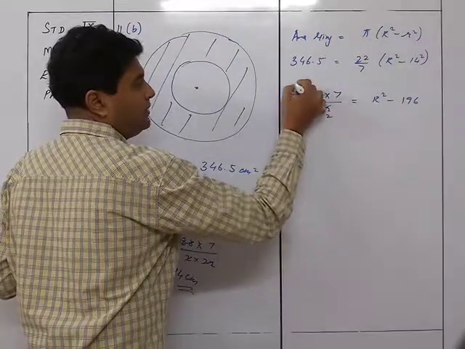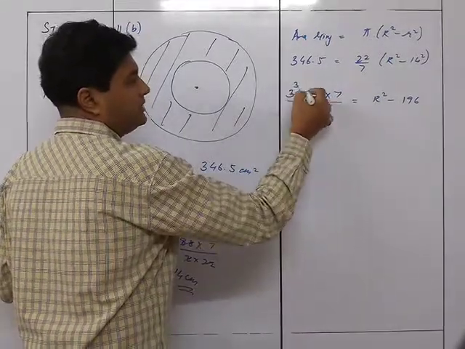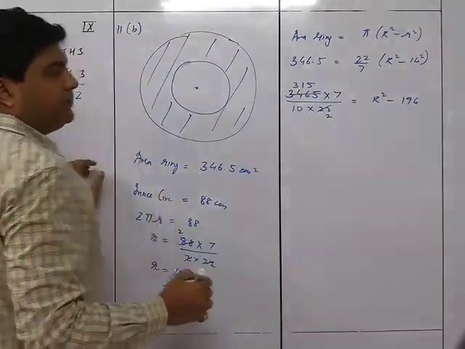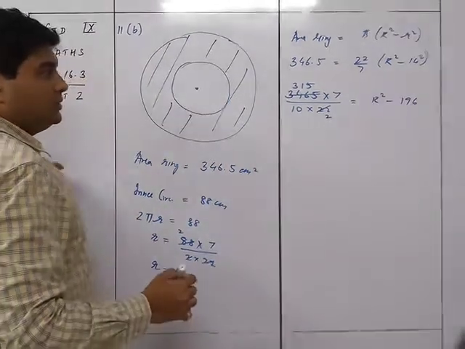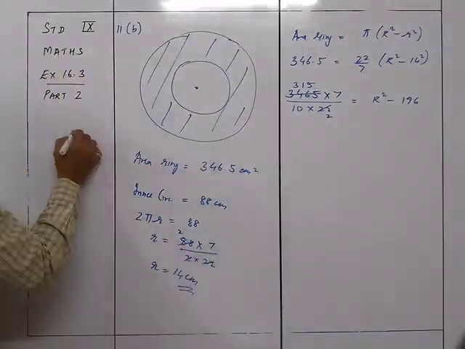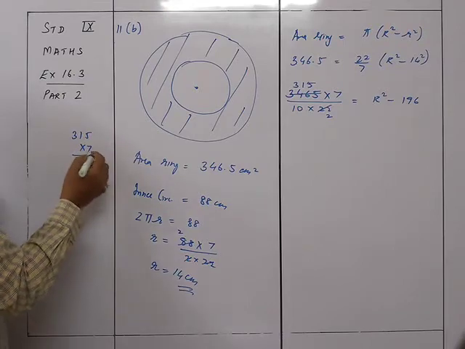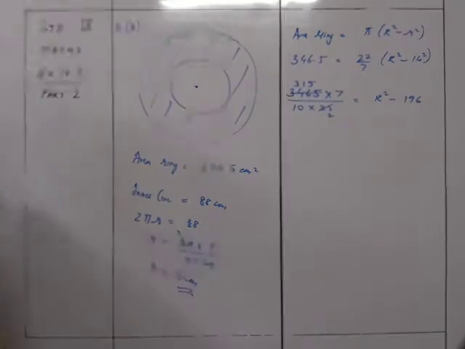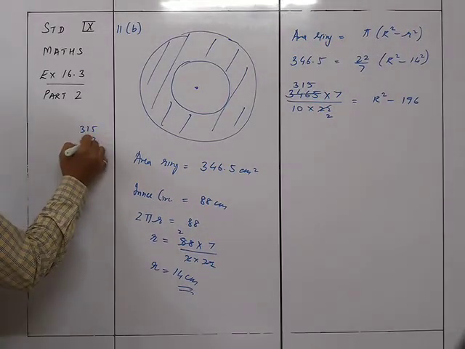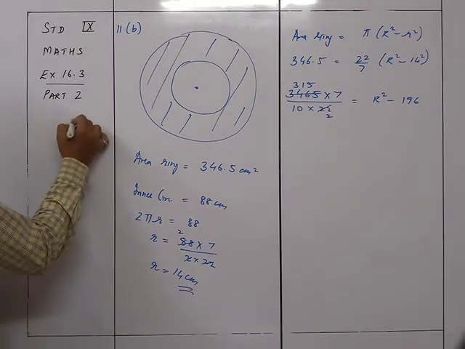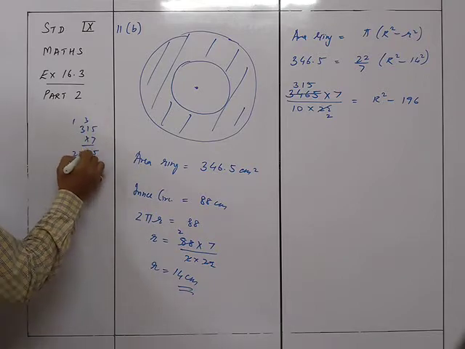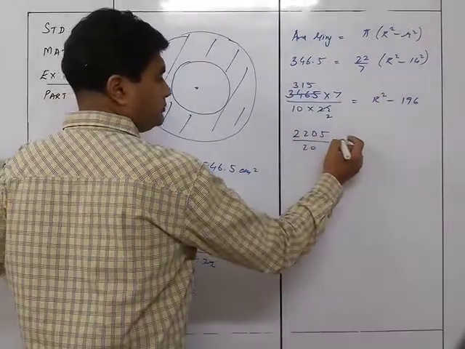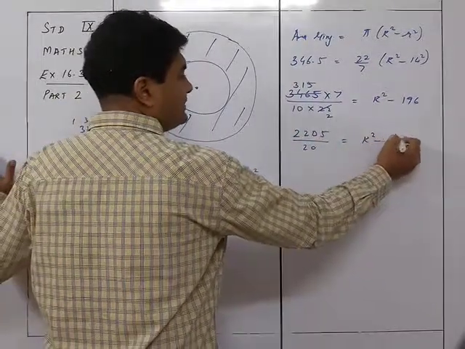It will be 315 into 7. 7 5s are 35, 7 1s are 7, 8, 9, 10, 7 0s are 21, 22. So it will be 2205 upon 20 is equal to R square minus 196.